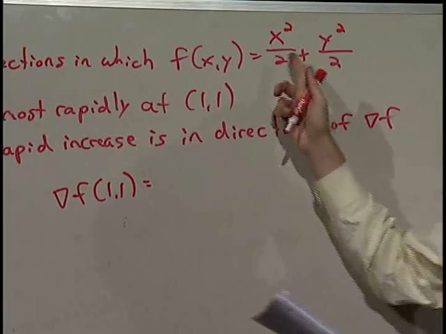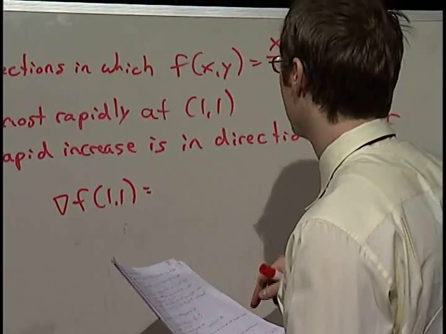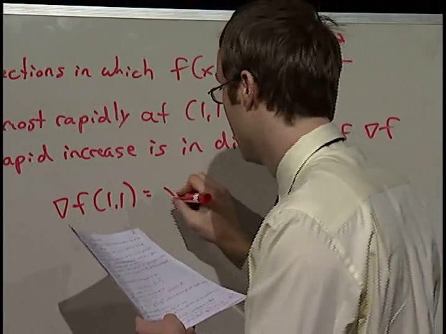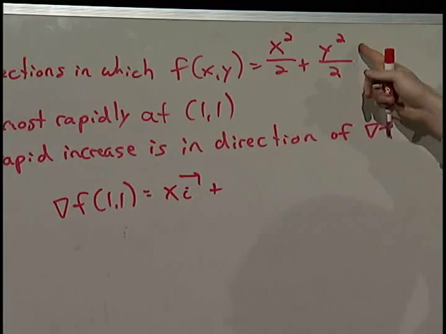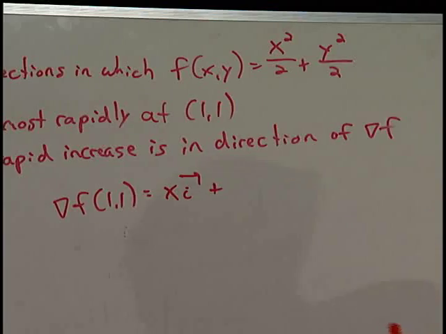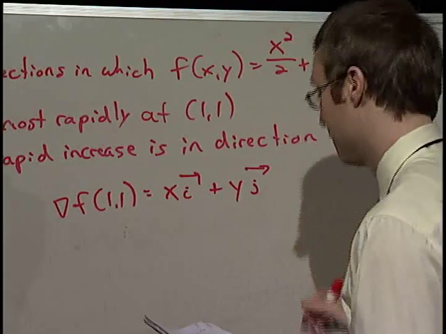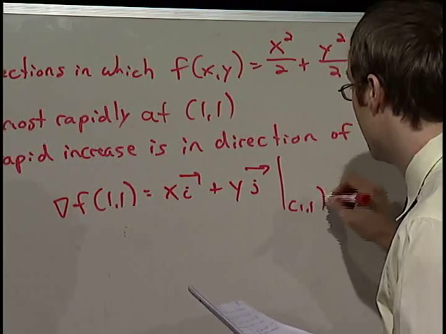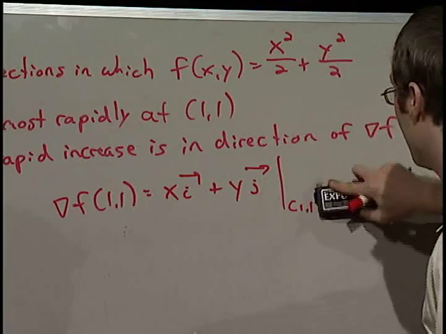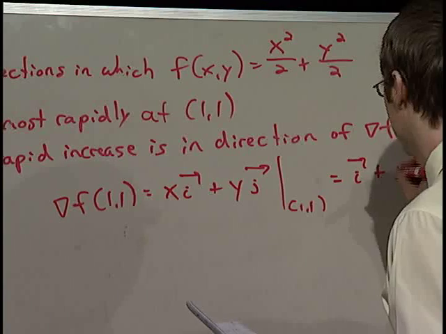Partial f, partial x is 2x over 2, which is just x. So that's x i. And the same thing with y. Partial f, partial y is just 2y over 2. So that's just y j. So that's grad f at the point 1, 1. This gives you i plus j.